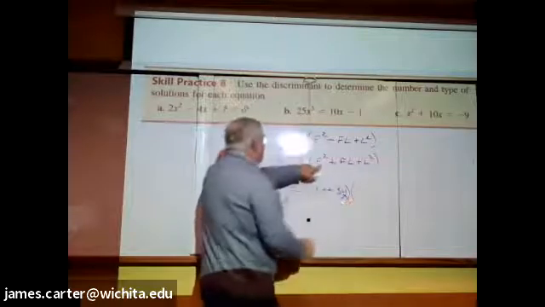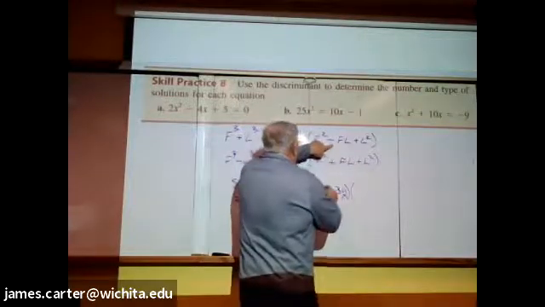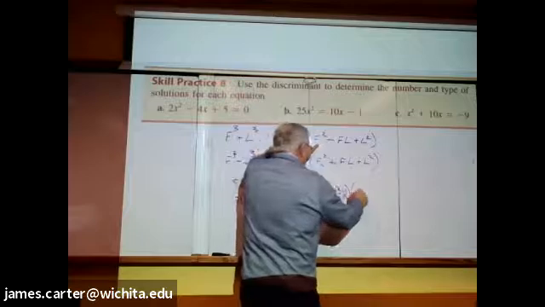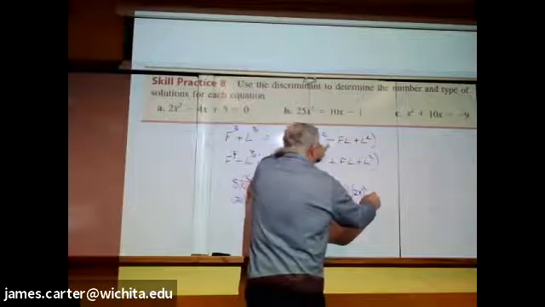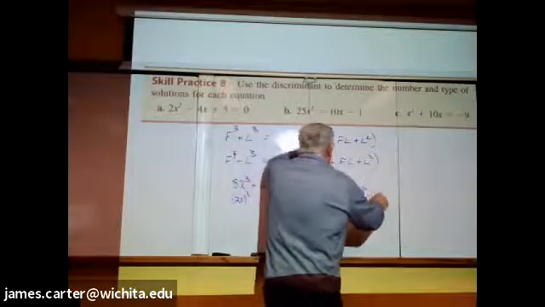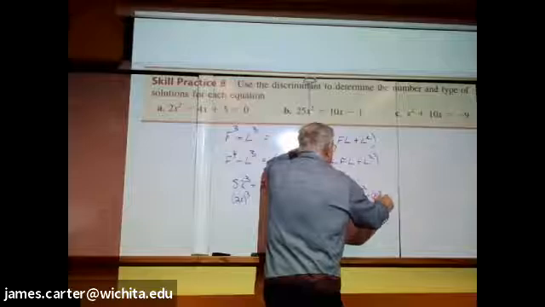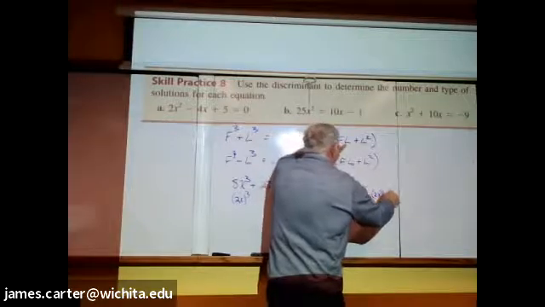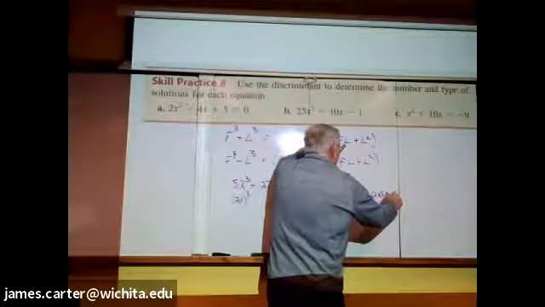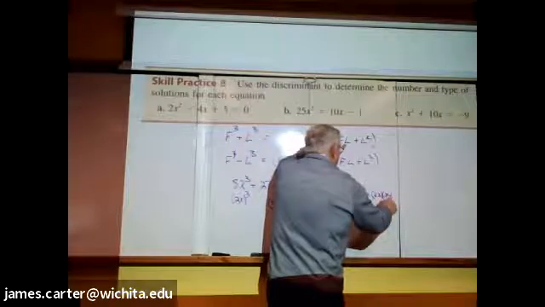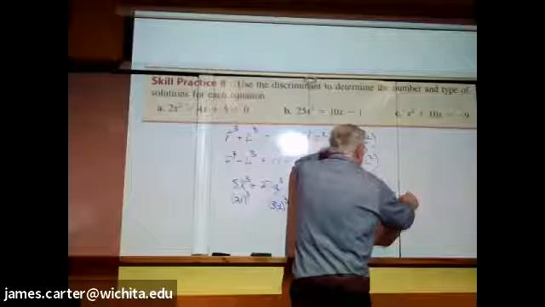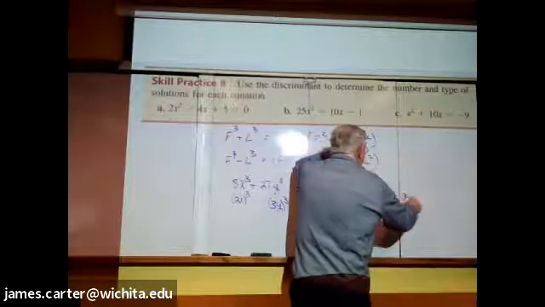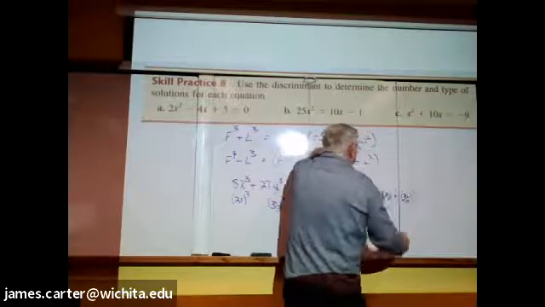Now for my second part of this, I'm going to have the first term squared. Okay, I'm going to write this down in two terms, minus the first times the last, okay, plus the last term squared.